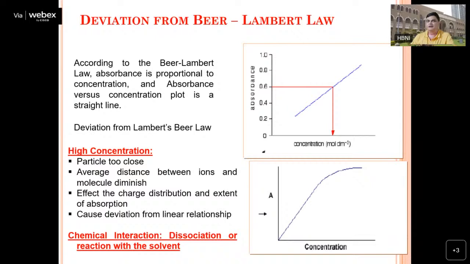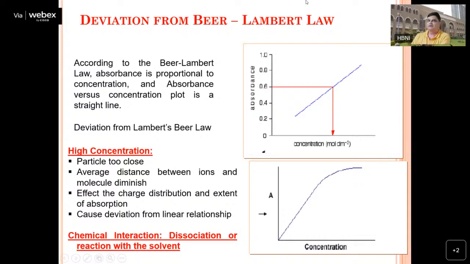And generally, as per the Beer-Lambert law, absorbance is proportional to the concentration, and the plot of absorbance versus concentration generally gives a straight line. But this is the case when we have an ideal solution.